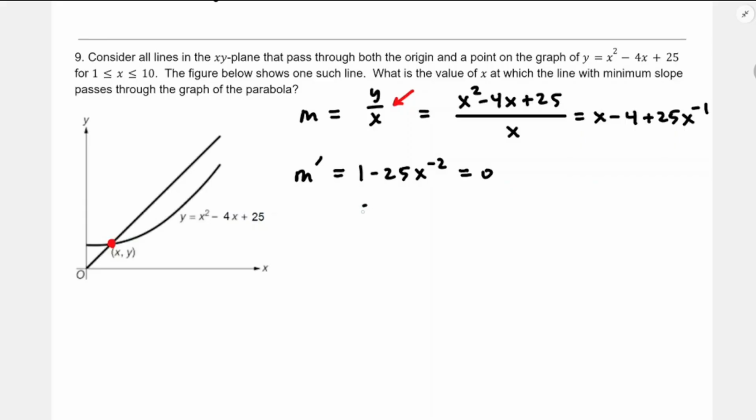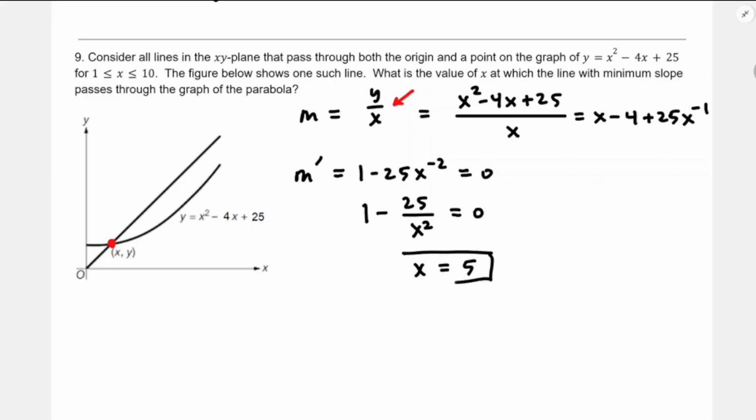So 1 minus 25 over x squared equals 0. This equation is best solved with your eyes: x equals 5 or negative 5. We're only interested in 1 to 10, so x is going to be equal to 5.